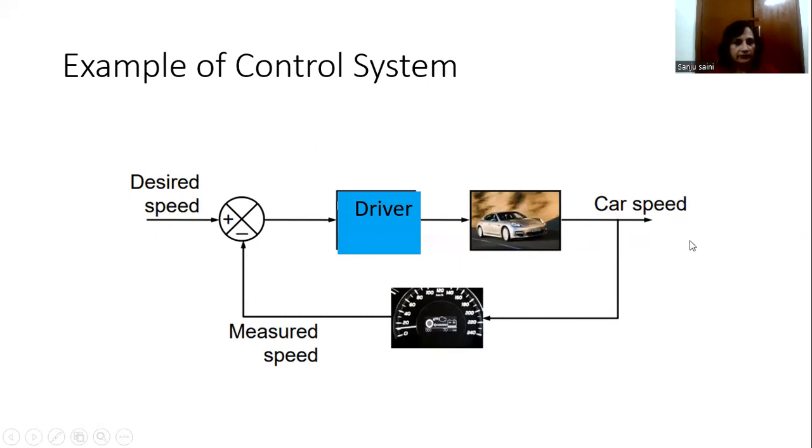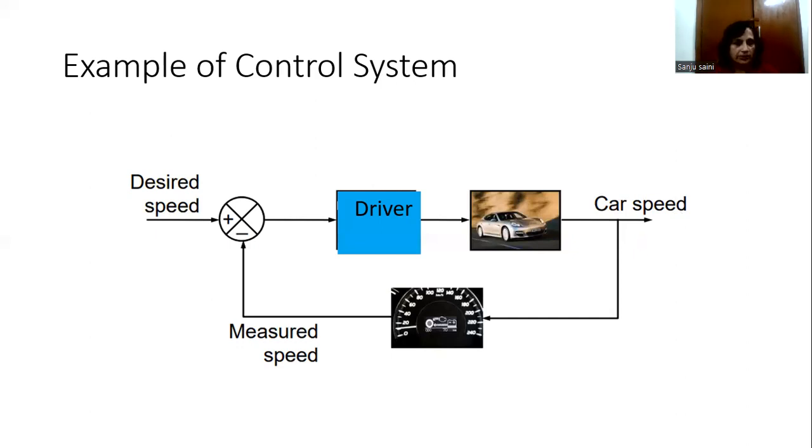Control system is found in each and every aspect of our life. Like when a person is moving straight on a road, that is also a control system. His nervous system is controlling him and that is making him move in a particular direction.